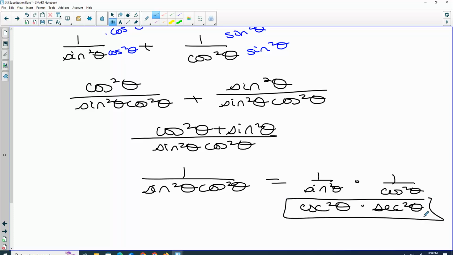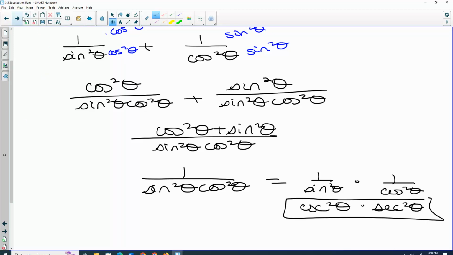So, seems kind of weird, but cosecant squared plus secant squared is equivalent to cosecant squared times secant squared.